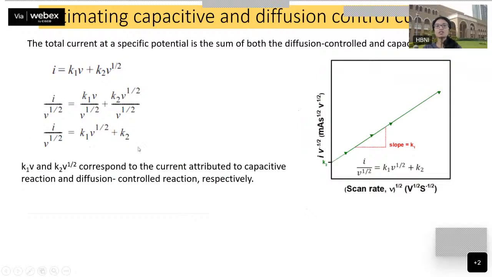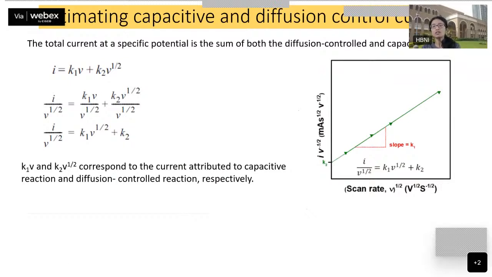You rearrange this equation, and if you are plotting the scan rate, nu to the power half, against I by nu to the power half, the slope you will get is this particular K1 value. Once you get the K1 value, you can put it in the equation and get the K2 value. So K1 nu is going to give you the current attributed to capacitive reaction, and K2 nu to the power half is going to give you the current attributed to the diffusion control reaction.